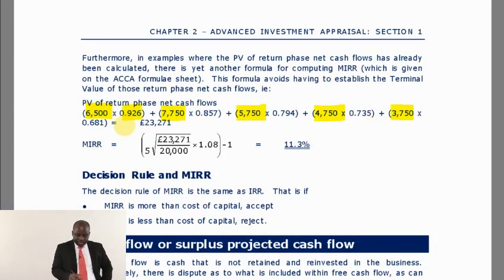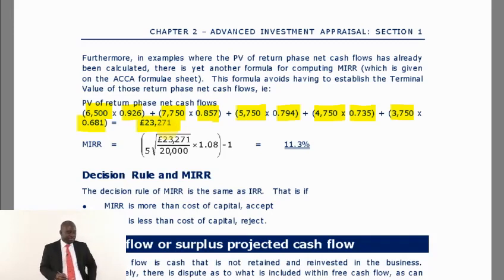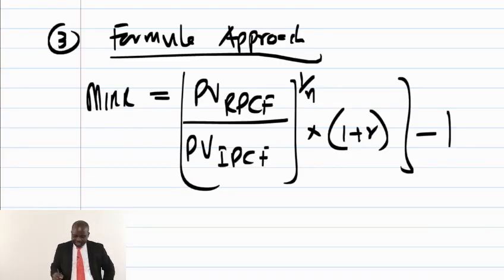8% year 1, 8% year 2, 8%. Everybody knows how to get the discount factor. So when you multiply all of them and you sum up the present value, this is the total present value of the return phase. And then we had already calculated the present value of the investment phase.